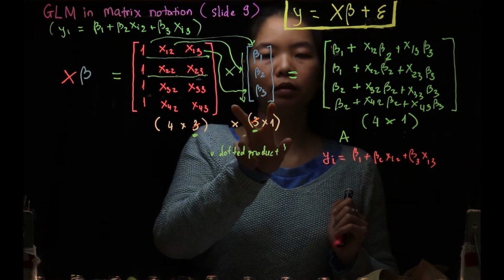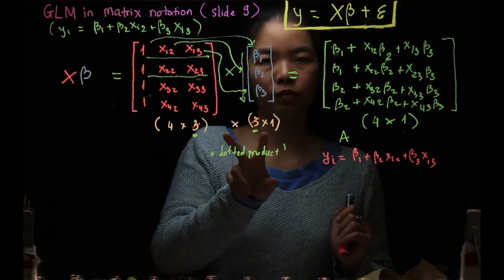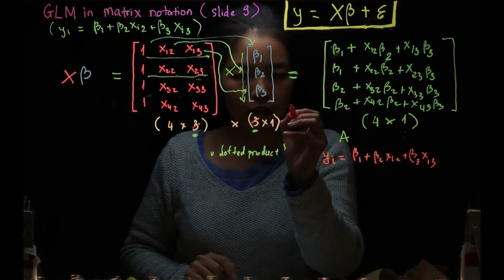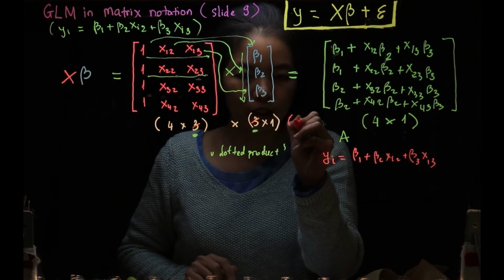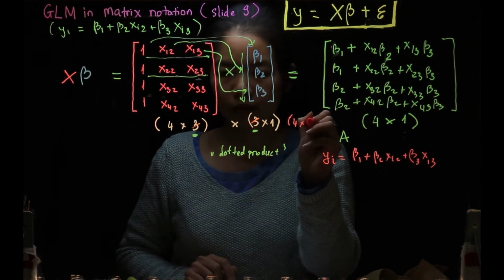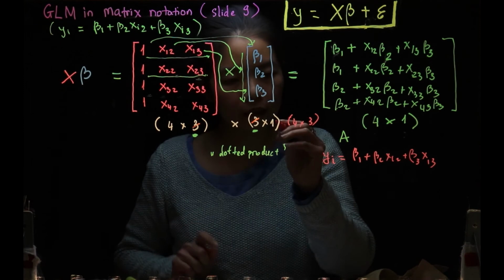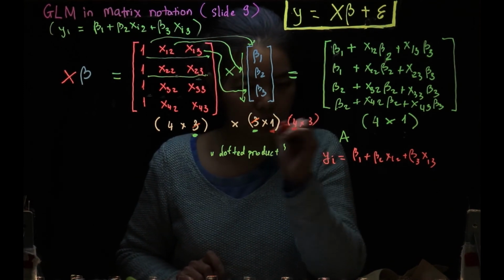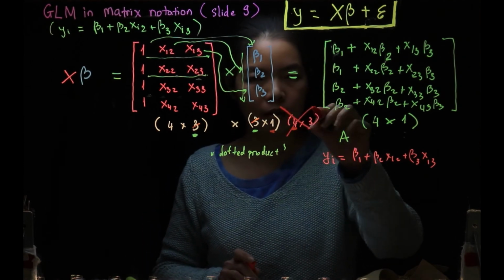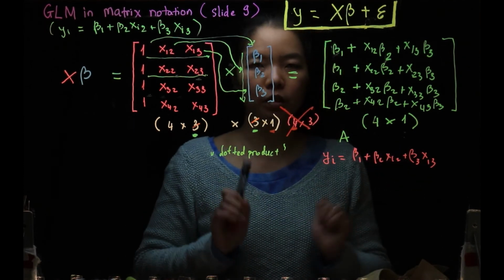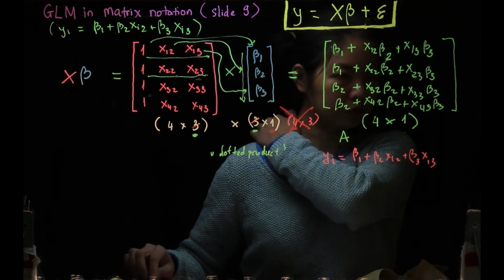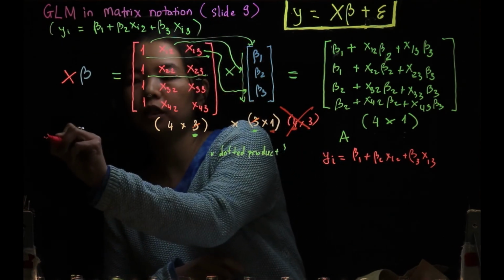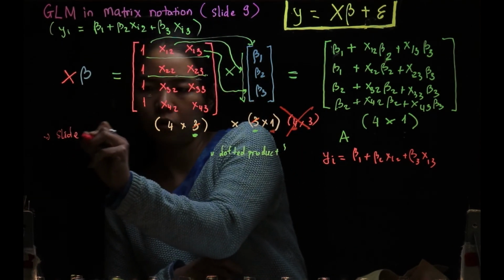Because if you write beta X, you wouldn't be able to multiply 3 times 1 by 4 times 3. The number of columns of the first matrix and the number of rows of the second matrix do not match, so that's not possible. That's the first rule. You can find that rule of matrix multiplication on slide 21.